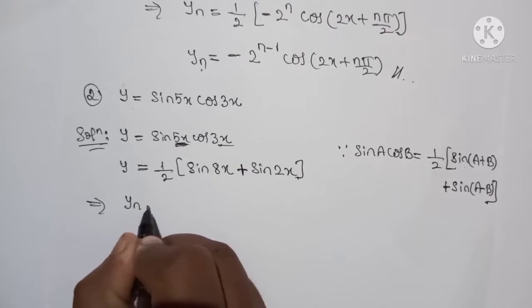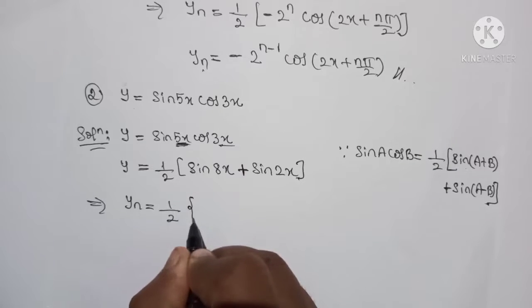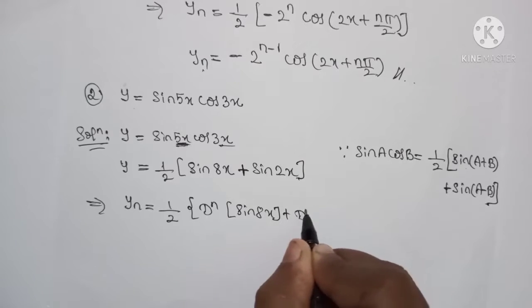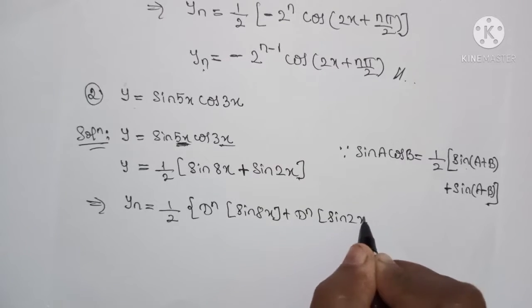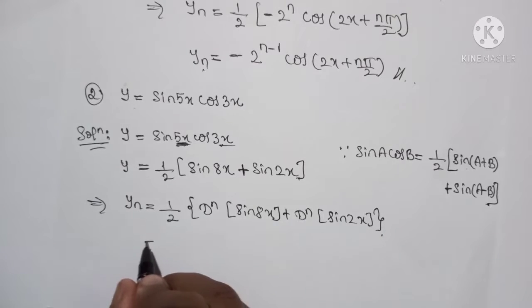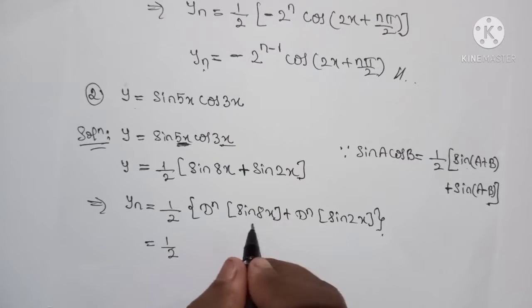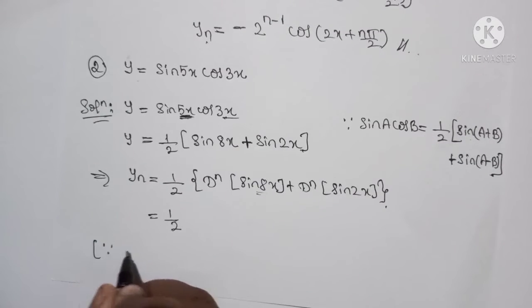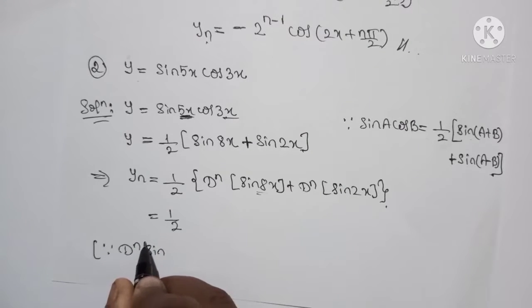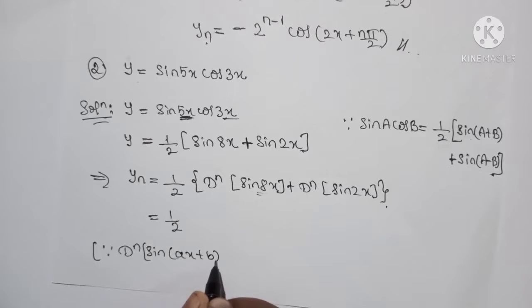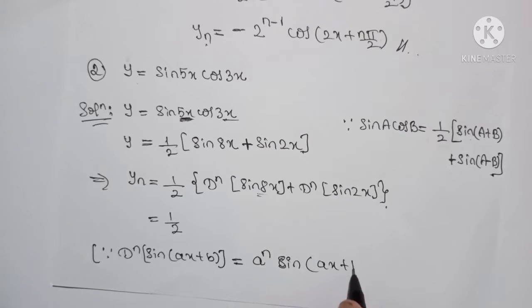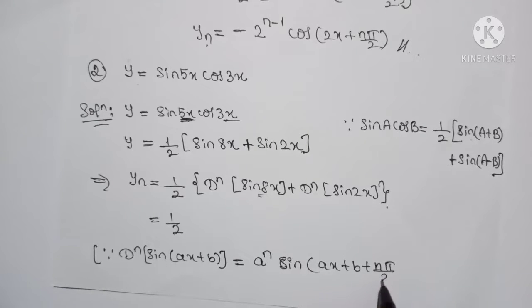Applying the nth derivative, we get 1 by 2 times (the nth derivative of sine 8x plus the nth derivative of sine 2x). Here we apply the sine of (ax plus b) formula, which is a raised to n sine of (ax plus b plus n pi by 2).